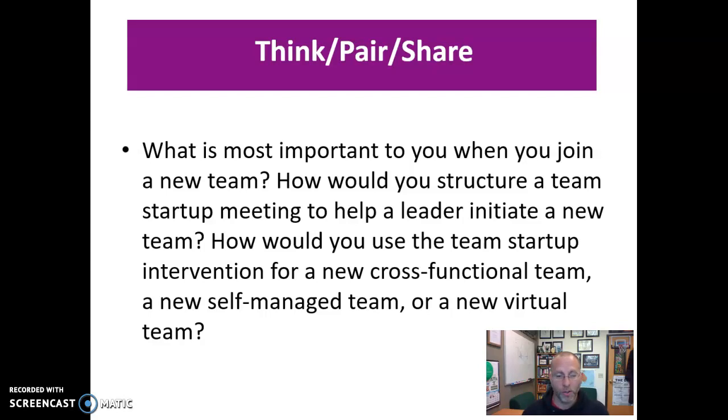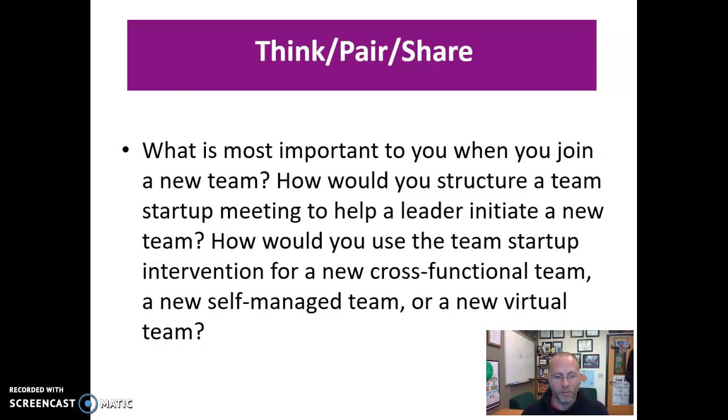And consider your project in this class. You're doing a project that in some cases might be considered cross-functional, not that you're in different functions within an organization, but you're different diverse students that have come together in a class for a project where you have different backgrounds, different experiences, probably different areas of expertise. And so in some ways there's some similarities there.